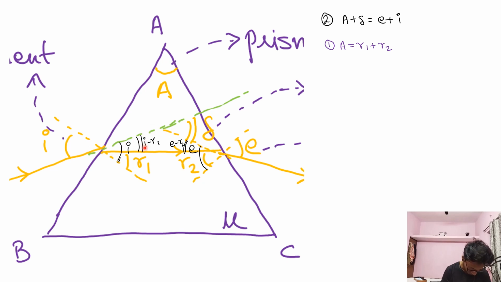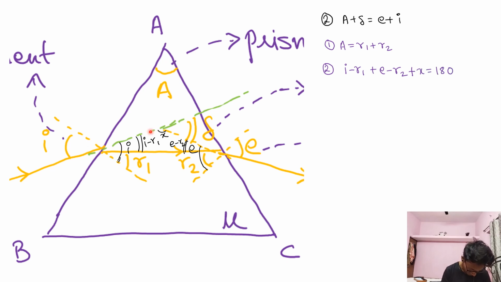In this triangle, I minus R1, this angle, plus this angle is equal to 180. Let this be angle X. So can I say from the triangle, I minus R1 plus E minus R2 plus X is equal to 180 degrees.